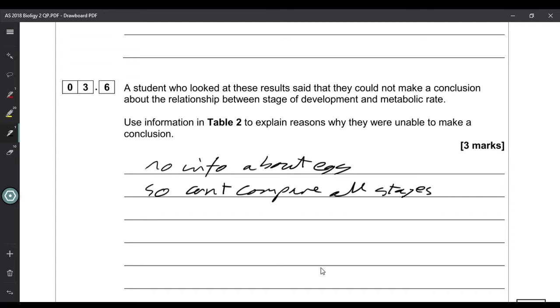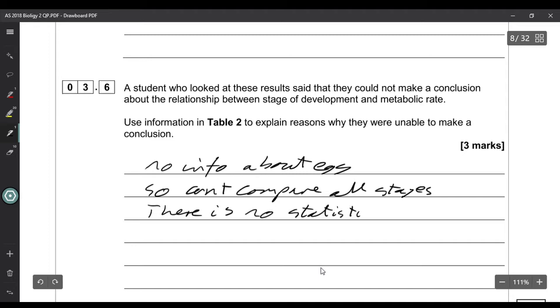So for our third mark, we can say that there is no statistical information, therefore no comparisons of standard deviations.